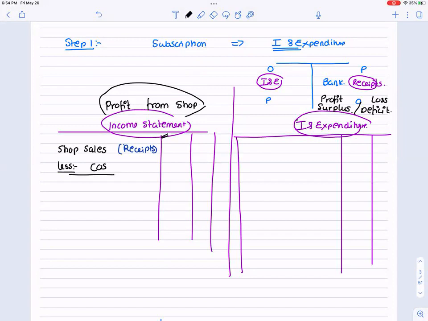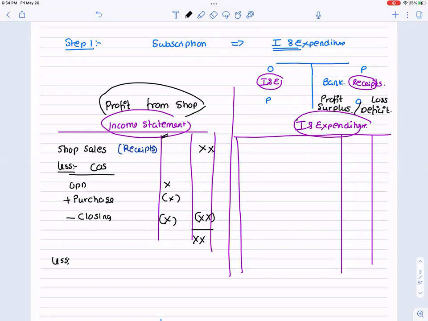Cost of sales is opening inventory plus purchase minus closing inventory. So shop sales will be here, cost of sales would be here. When you subtract cost of sales from your shop sales, you get an answer which is not gross profit.